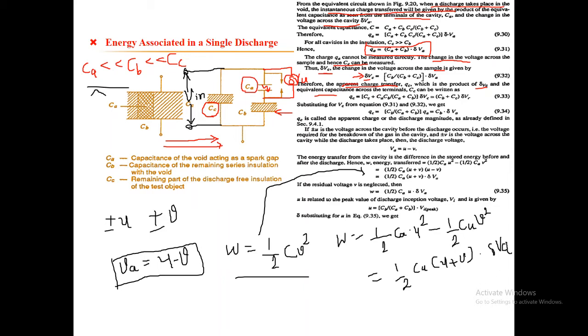Now why do we have to represent this term as delta VA? Because when the energy is released, the voltage across the capacitor is changing. So 1 by 2 Ca into U plus V into delta VA, where U plus V is nothing but the peak magnitude of voltage at which the discharge is taking place. So that is the discharge inception voltage. So it is 1 by 2 Ca into Vi, that is peak magnitude, into delta VA.